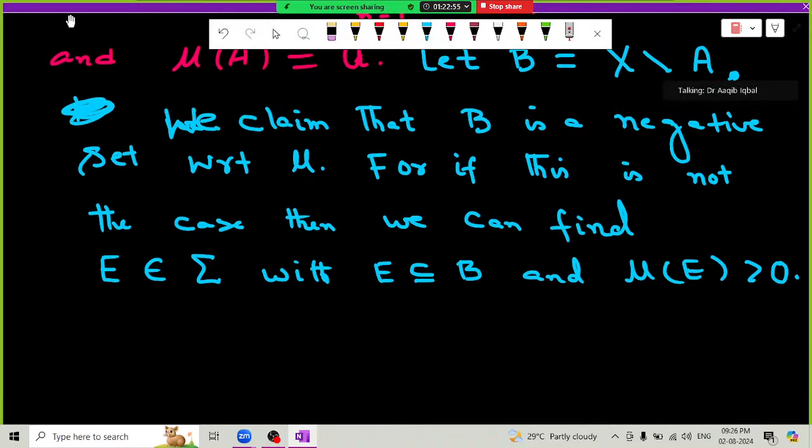E is coming from sigma algebra और इसका signed mu measure is positive. Now we will use yesterday's result. हमने देखा कल ऐसे cases में जिस सेट का signed measure positive होता है उस सेट के अंदर एक positive set रहता है. So I can find a positive set inside this E. मैं वही result का इस्तेमाल कर रहा हूँ.